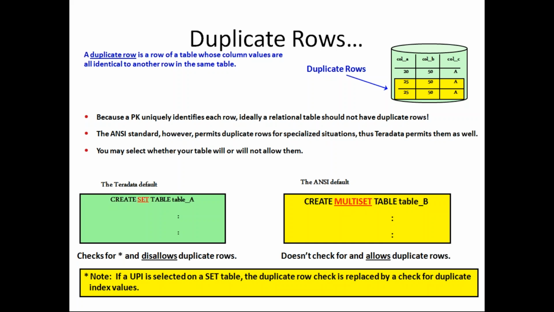To decide whether this new row should be inserted or not, Teradata has to verify all 150 columns of all 1 million rows to see whether this row already exists. Only then can it decide whether this row has to be inserted. So it is a very tedious job when we have a set table.